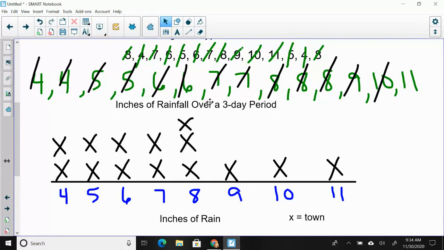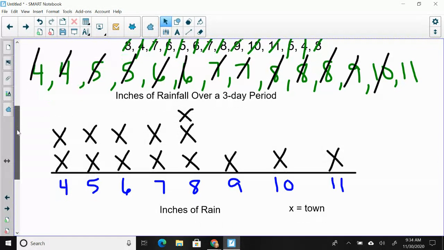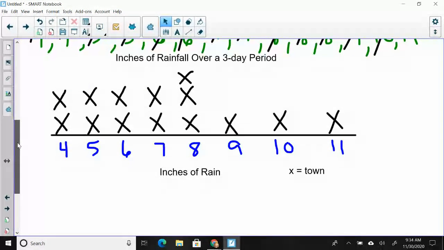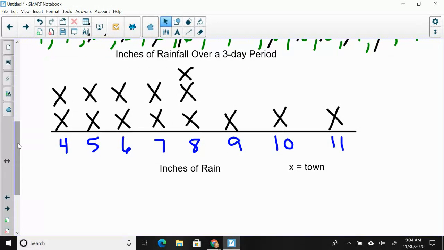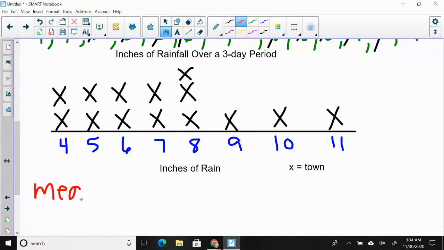Okay, now when we are finding the mean, median, mode, and range of this set of data, we are going to use the information that we have to figure all of those out.